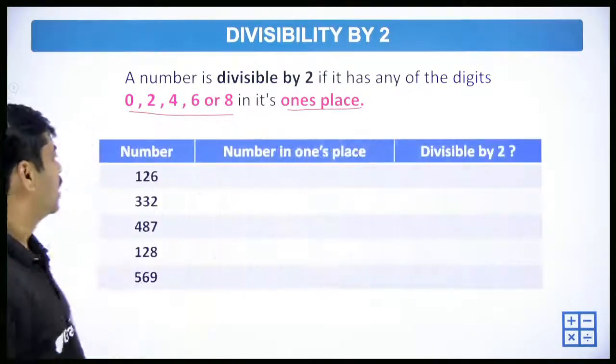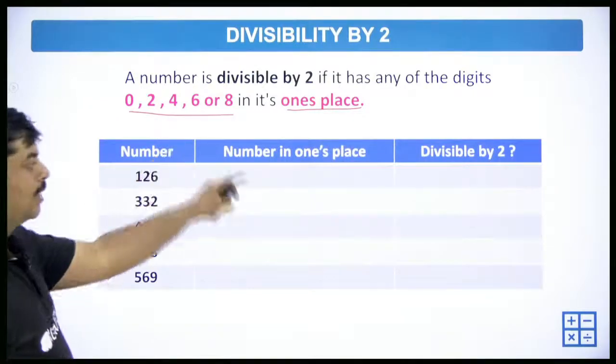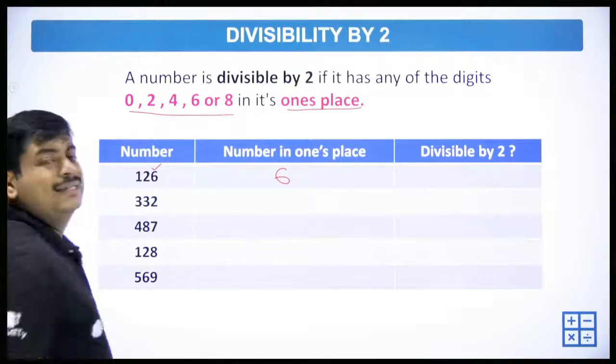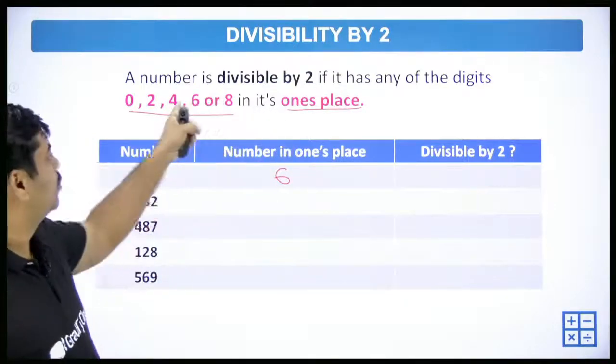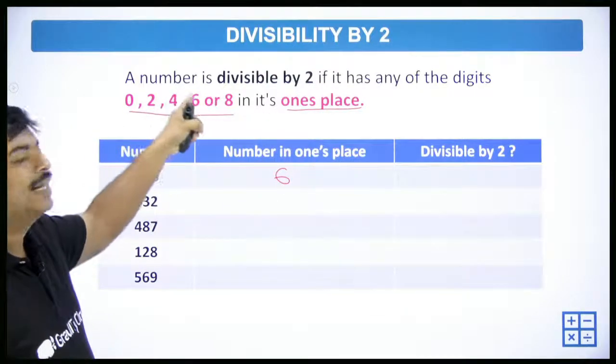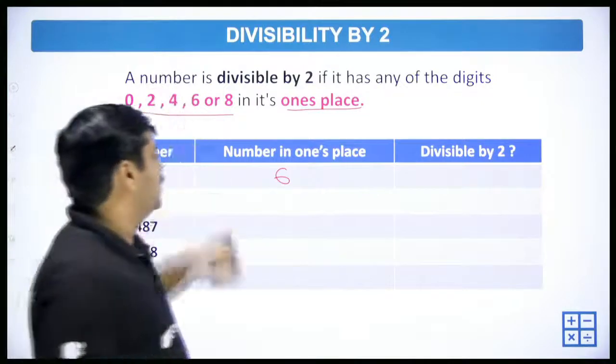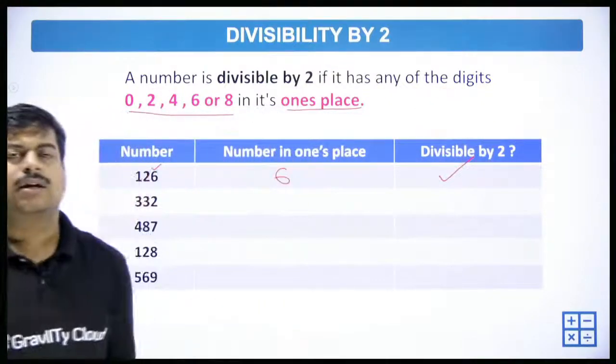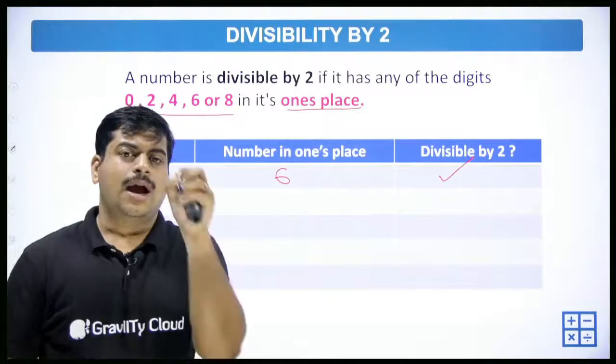You can see here 126 is there and the number in the ones place is 6. Now tell me, is 6 divisible by 2? Yes, because 0, 2, 4, 6, 8. The ending digit is 6. Yes, it is divisible.